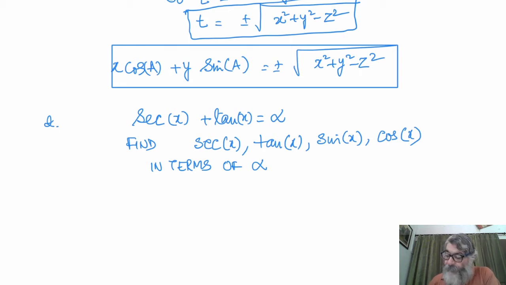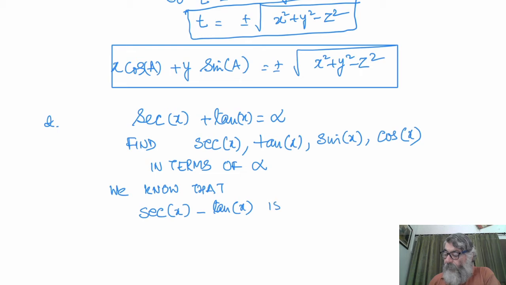So we know that sec x minus tan x is the reciprocal of sec x plus tan x.